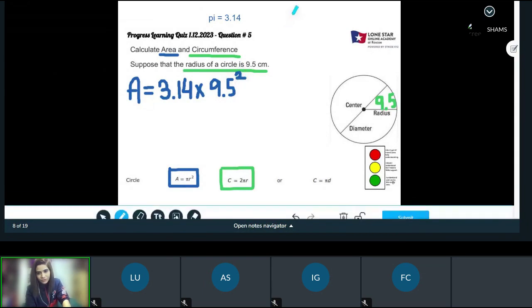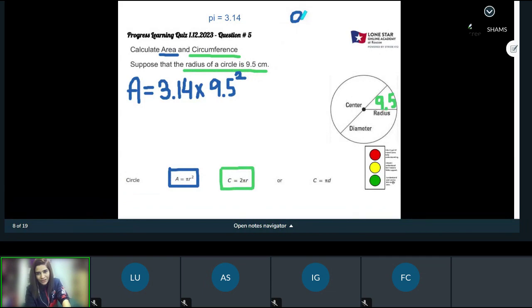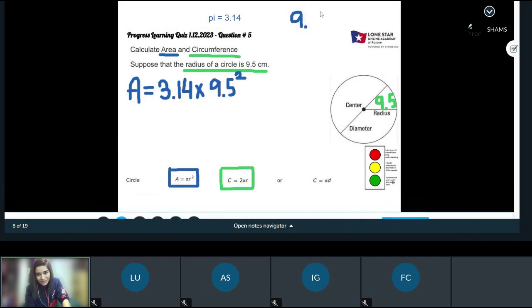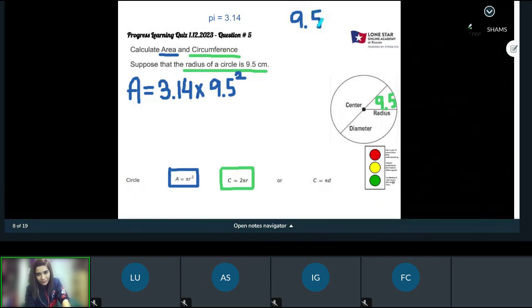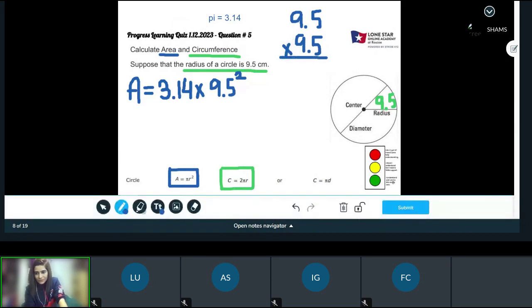You know 9.5 squared means 9.5 times 9.5. This is what r squared means. Multiply it and let me know how much you got.